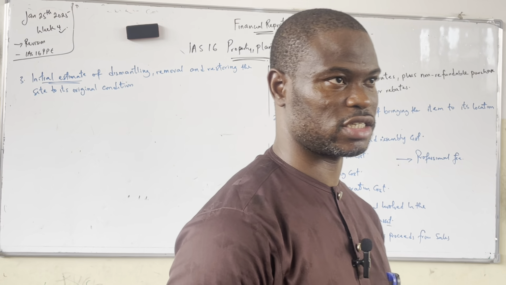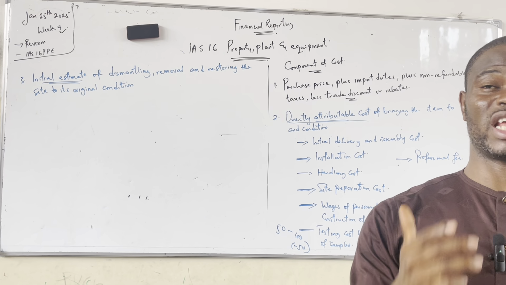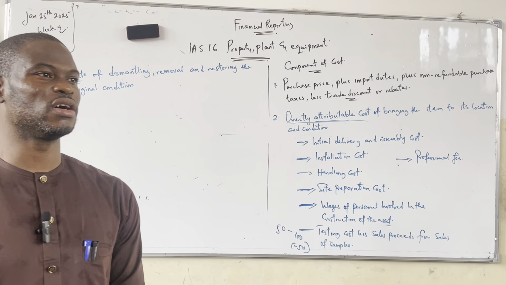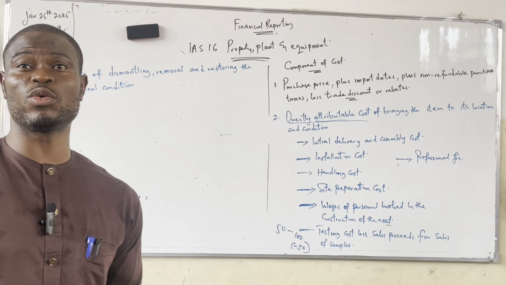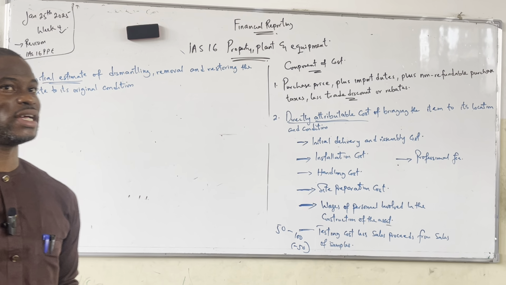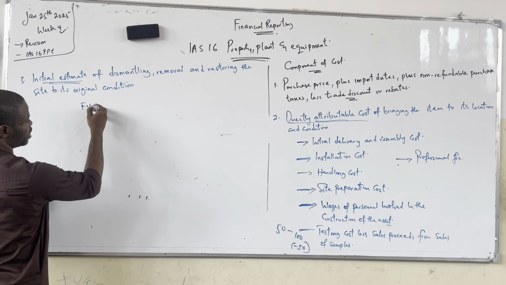So remember this, because in every other thing we are going to be looking at, whenever I mention future cost, know that it's not that future cost I will recognize today. What I'm recognizing today is the present value. What's today's value? And in the exam, the examiner will give you the future value.